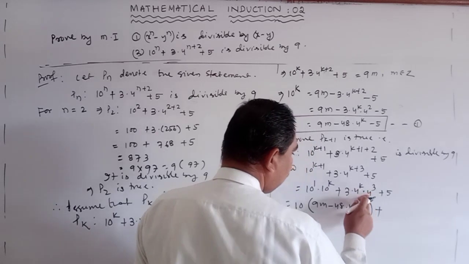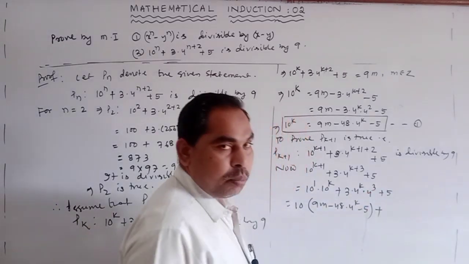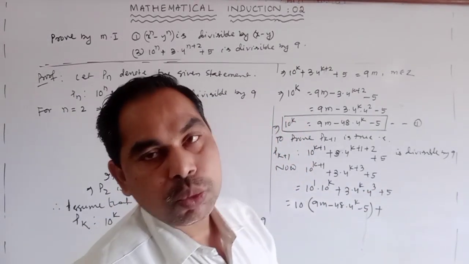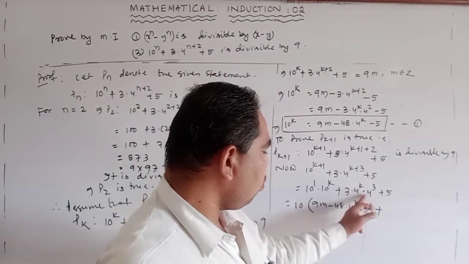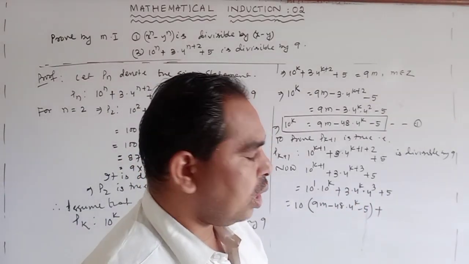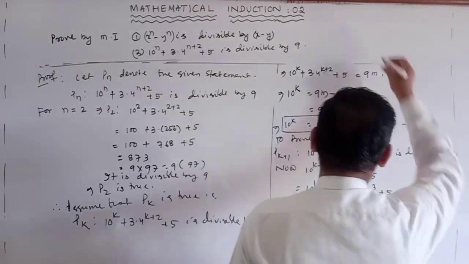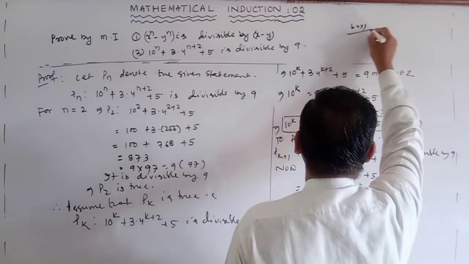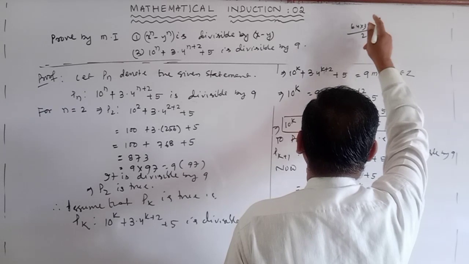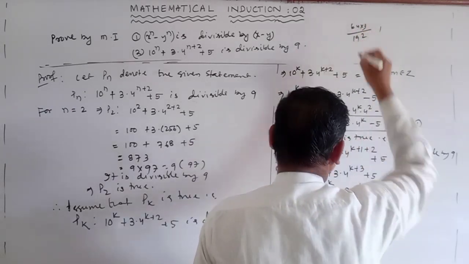Plus 3 into 4 to power 3. 4 to power 3 means 4 into 4 into 4, 64. 64 into 3 is 192.